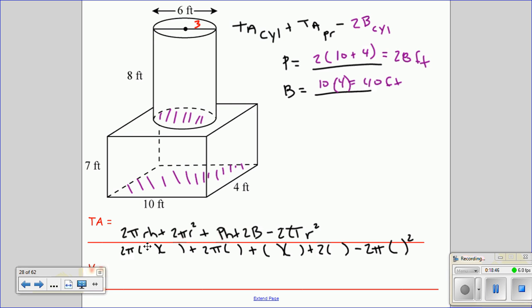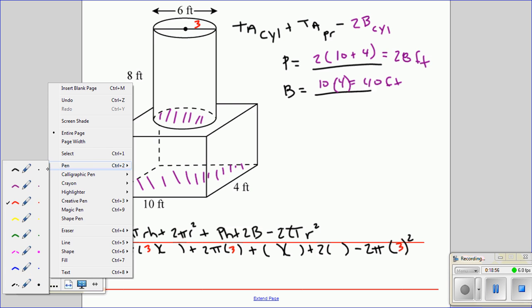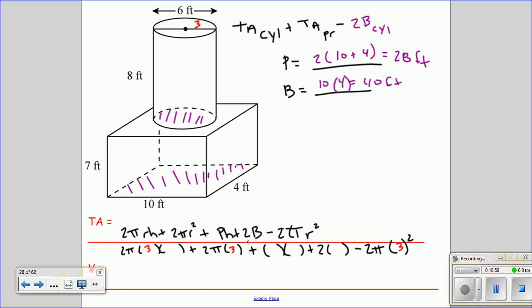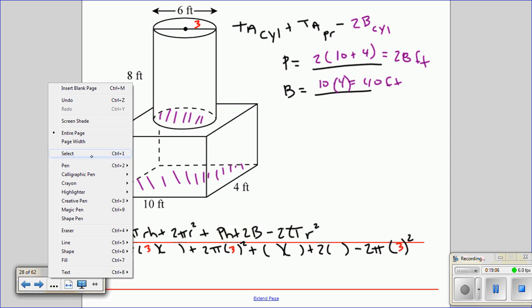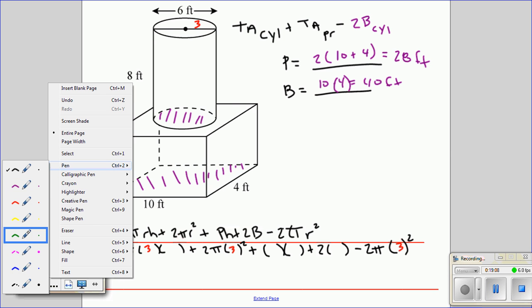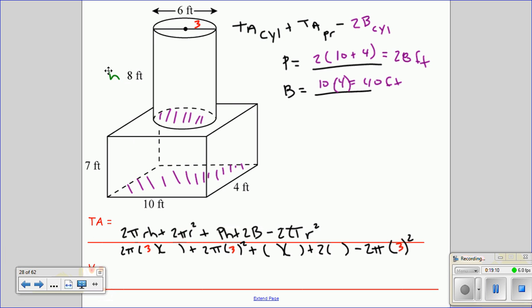So everywhere that calls for a radius, I need to put 3. Forgot to square this one part right here. Okay. The height of my cylinder is 8.